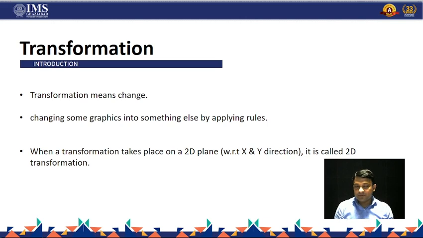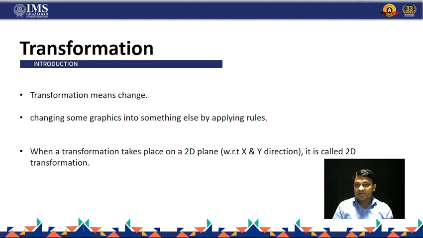For example, if we consider an object and we want to move that object, or change its position, or apply a change in any of its properties, that comes under the umbrella of what is called transformation. So transformation verbally means change. Change is the synonym for transformation.